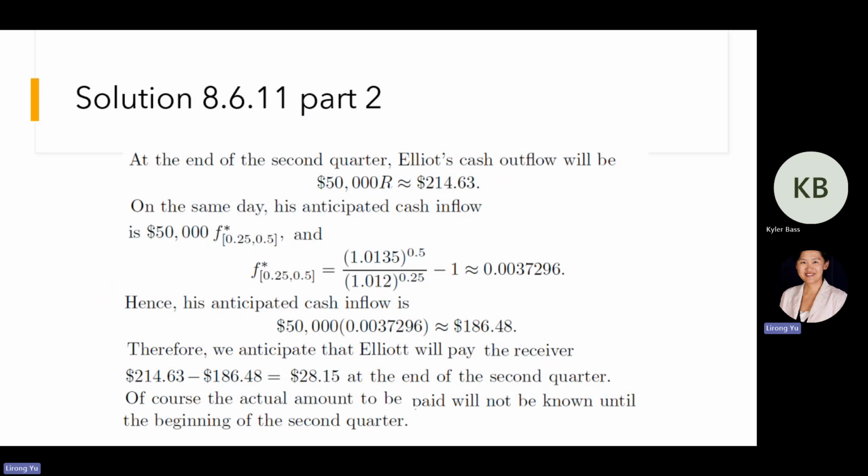For the floating payment, you have to multiply by the forward rate from 0.25 to 0.5. That's the second quarter. So you multiply 1 plus R to the 0.5 power over 1 plus R to the 0.25 power. That's how you get that floating rate. You multiply by the principal and you get the floating payment. Any questions?